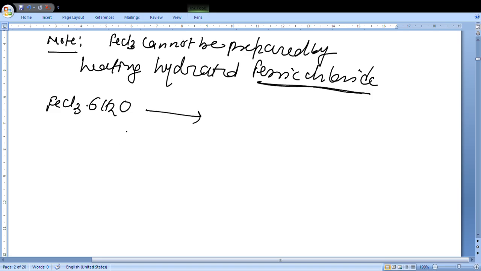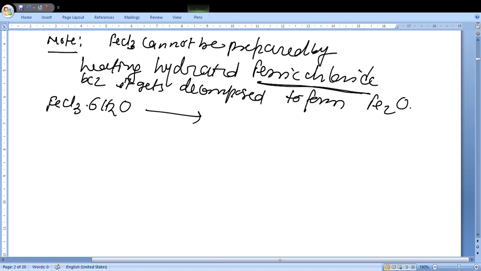So what will happen? Because it gets decomposed to form Fe2O3. It will form Fe2O3, and what is left here? Chlorine, so HCl, and water will also be formed. How many chlorine? There are 3.